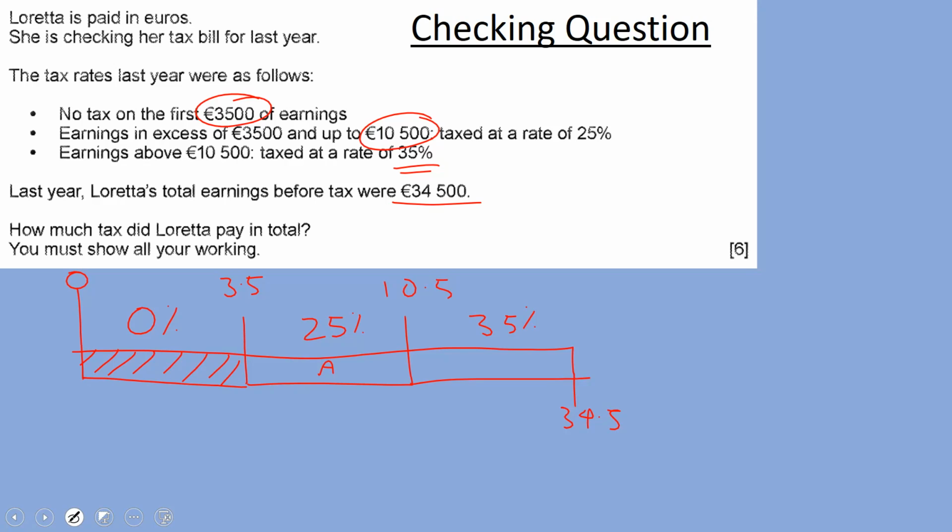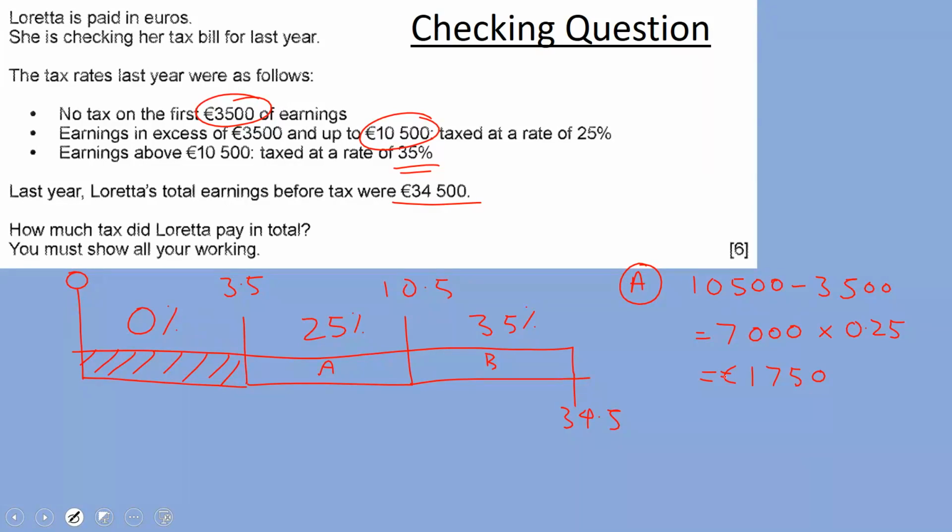This section here, we're going to label A. This section here, we're going to label B. So section A, we're going to be looking at 10,500, take away 3,500, which is going to give us 7,000, and we're going to multiply that by 25%, or our decimal multiplier, sorry, is 0.25, and that is going to give us 1,750. Don't forget it's euros.